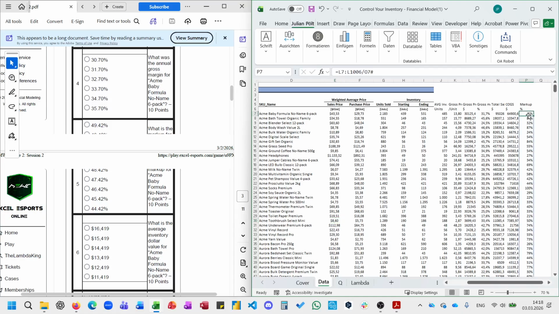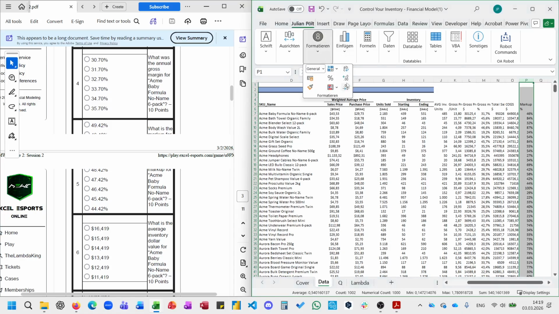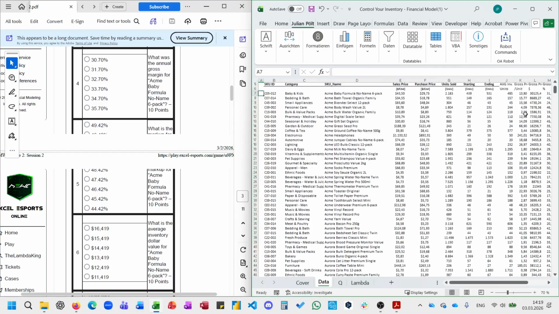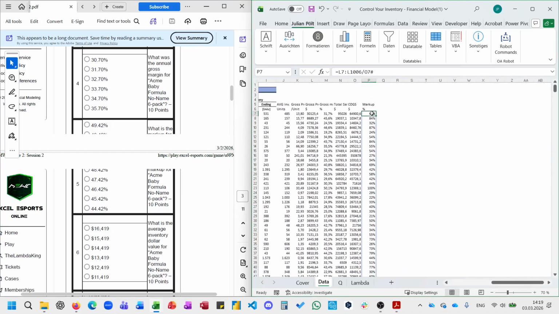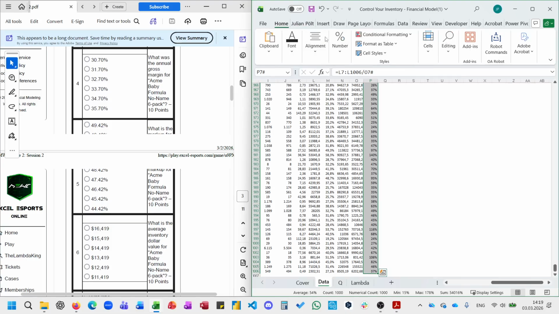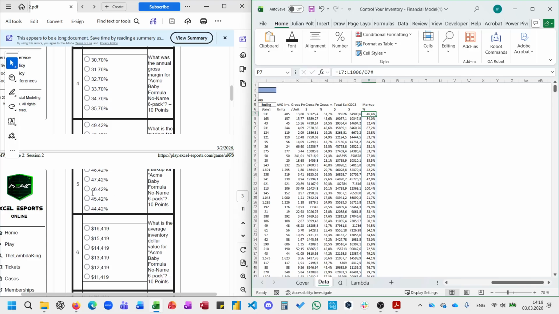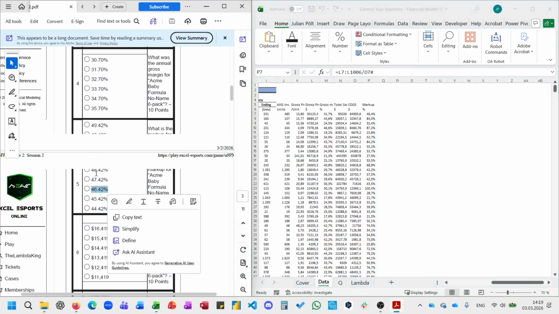And the markup is, let's format this. Here this is A, B, C, D.